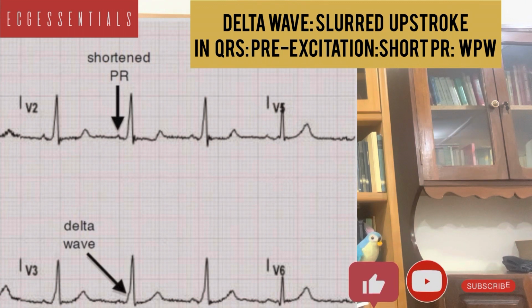And as we have mentioned, it is there because of accessory pathways which lead to pre-excitation in the ventricles. And because there's pre-excitation of the ventricles, things will happen faster. So the associated PR interval is also usually expected to be shorter.